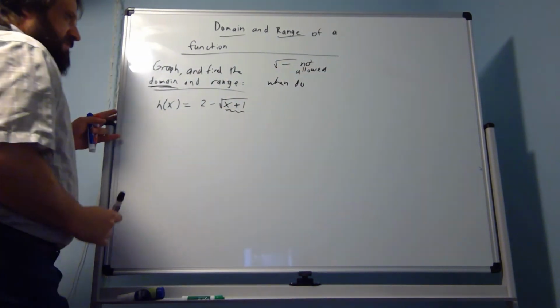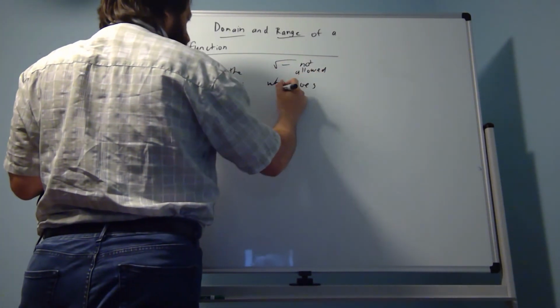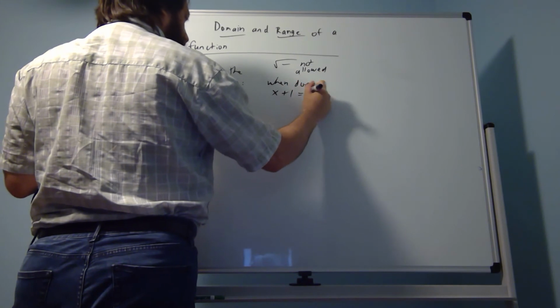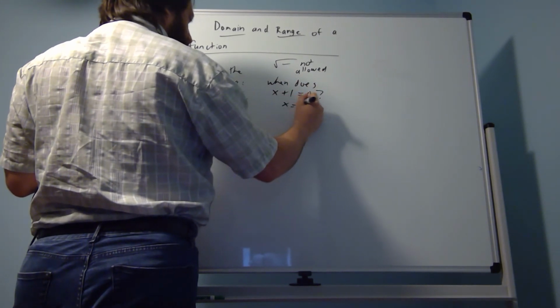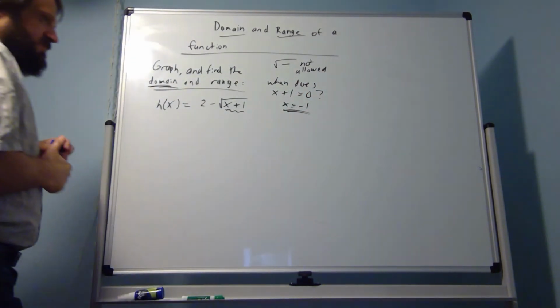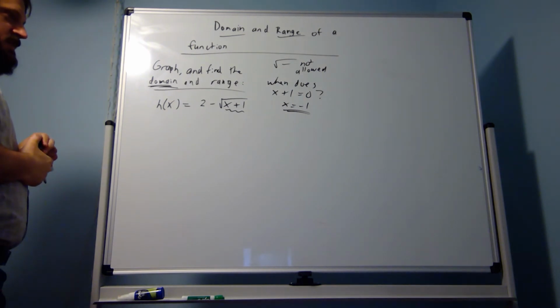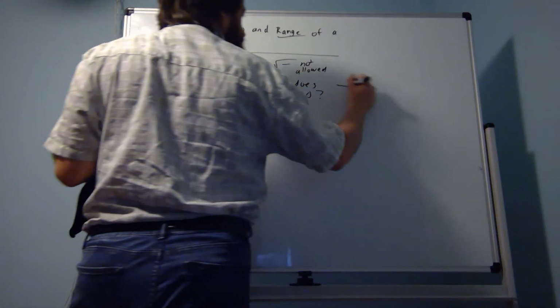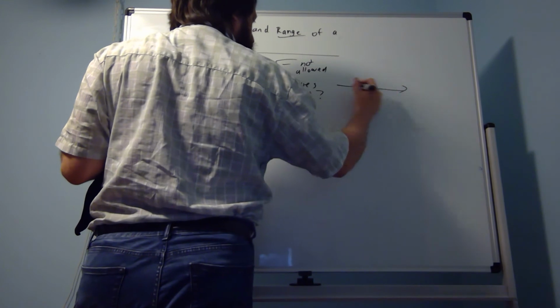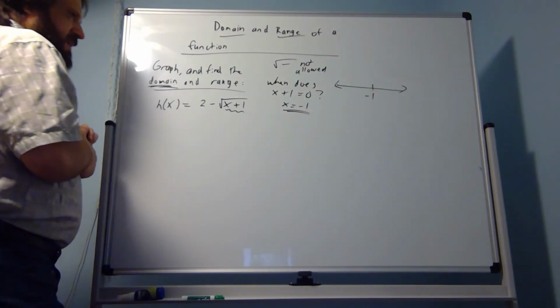The square root of a negative is not allowed, so when does x plus 1 equal 0? Well, that happens when x is minus 1. So x equals minus 1 is going to be very important for the domain.